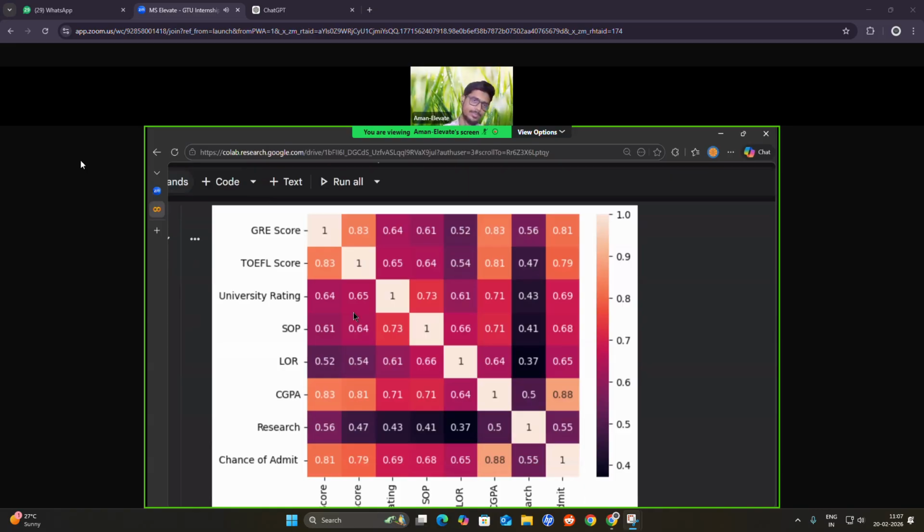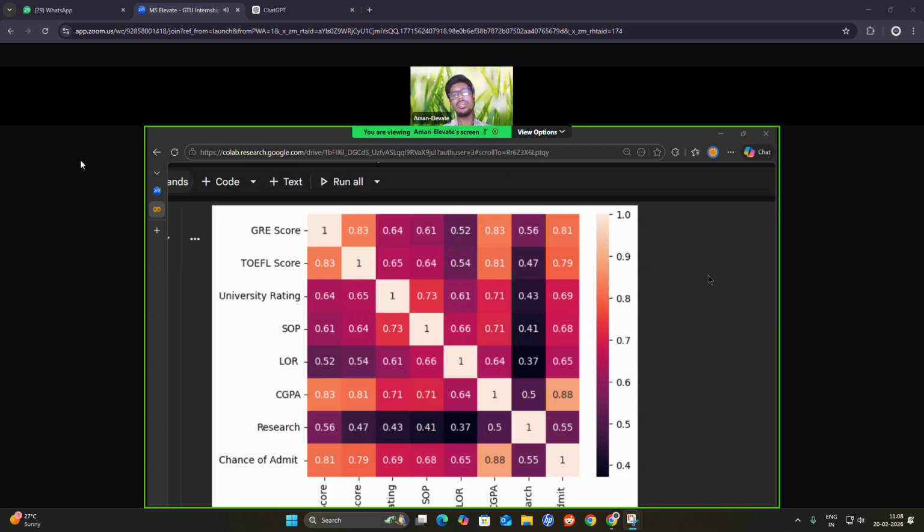Yes. Can you tell me what it is? What is it actually defining? Yeah, it is a heat map, but what does a heat map actually define? It actually tells you about correlation or collinearity.